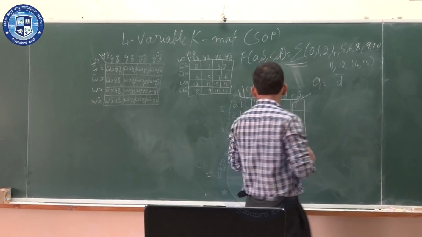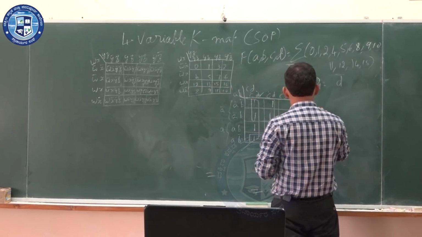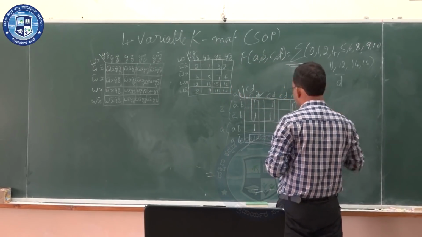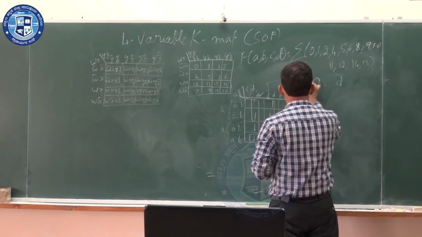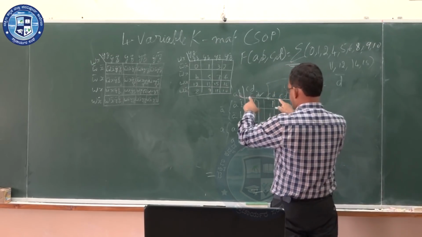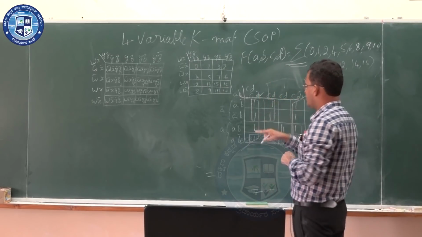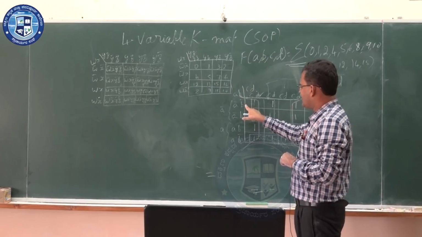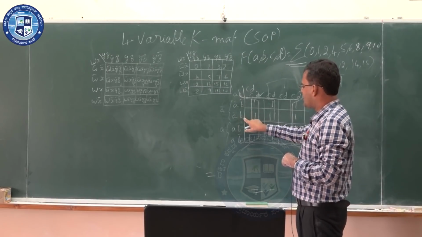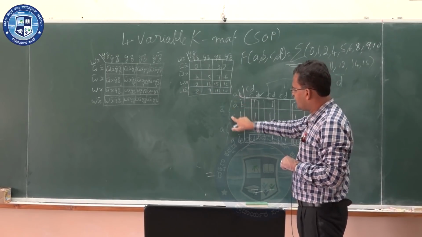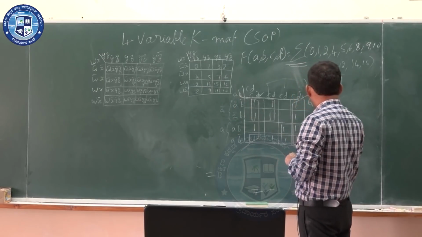Coming to the quad Q1, let me take this as Q1, these 4 squares, these 1, 2, 3, 4, first 4. So, A bar B bar, A bar B: which is constant? A bar. So, write A bar.